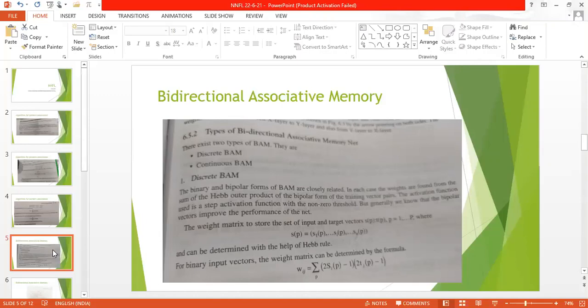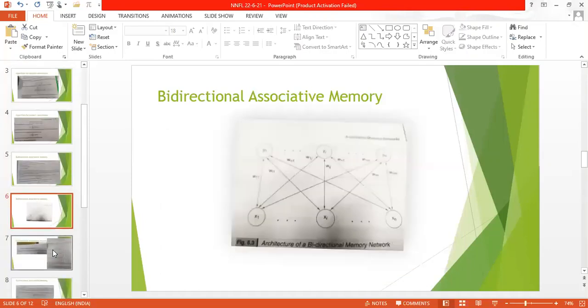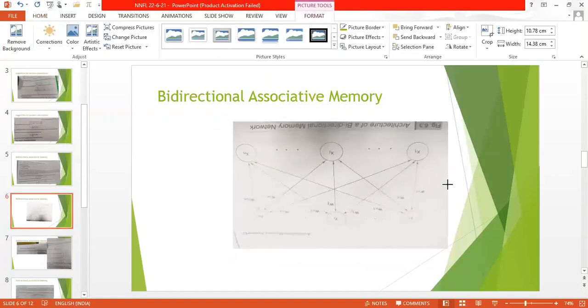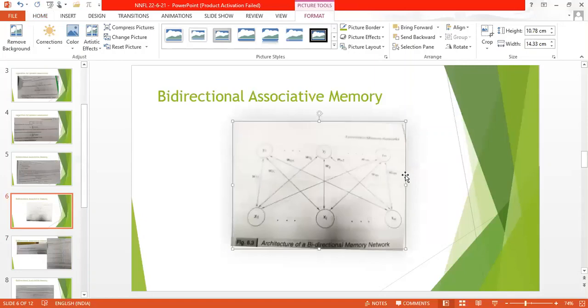The connection between these two layers, X layer and Y layer, is bidirectional. You can see in this picture. Earlier we referred only from input to next layer.